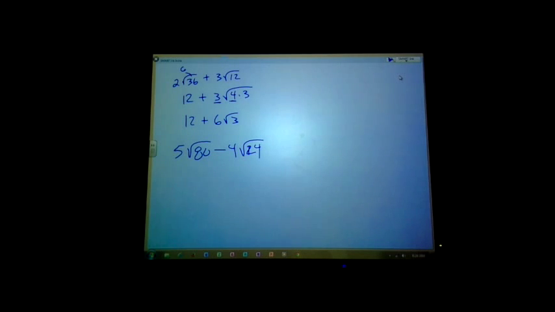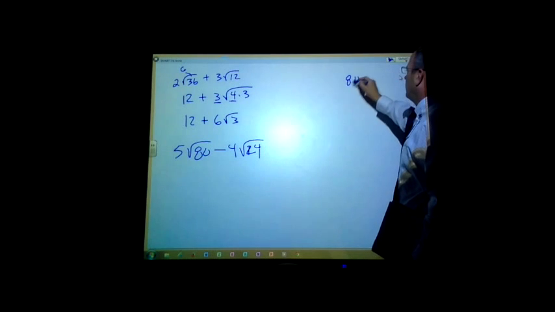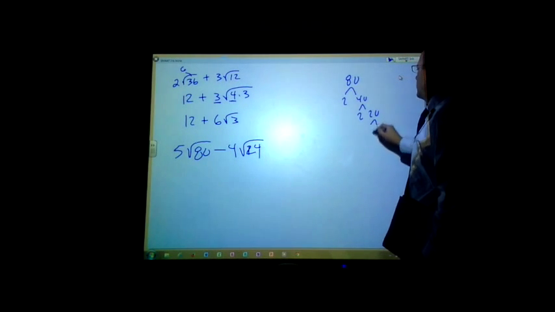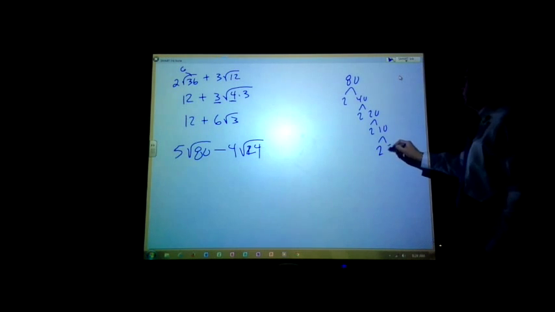What times what gives me 80? Largest perfect square. How do we go through that? I mean, I can do this. Let's break 80 down. That's 2 and 40. That's 2 and 20. That's 2 and 10. That's 2 and 5. What would determine a perfect square up there?